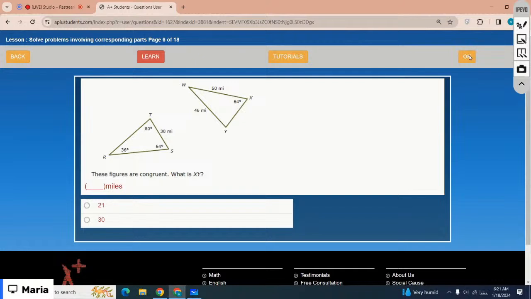What is XY? Yes, that is 30 miles. The correct option is 30 miles.